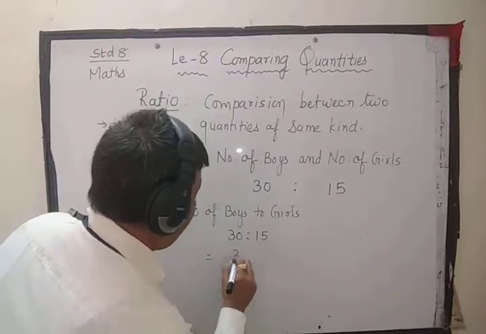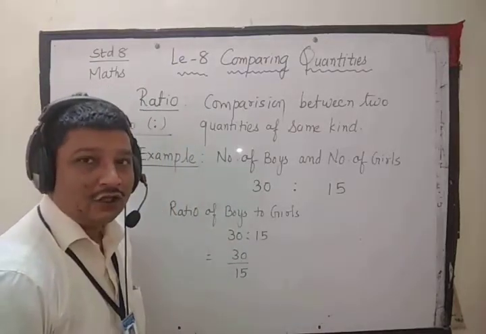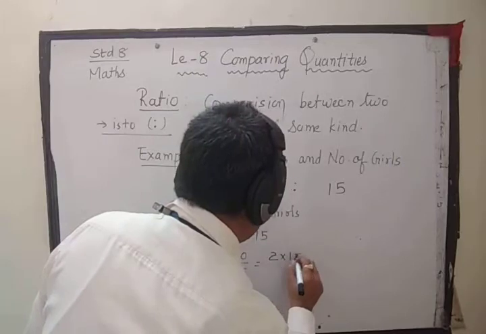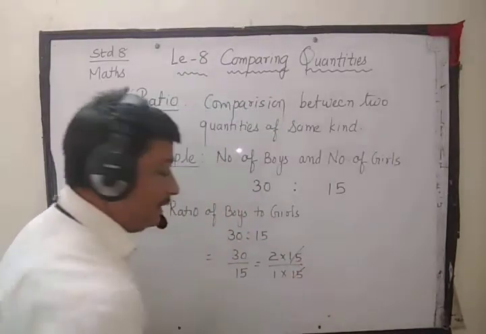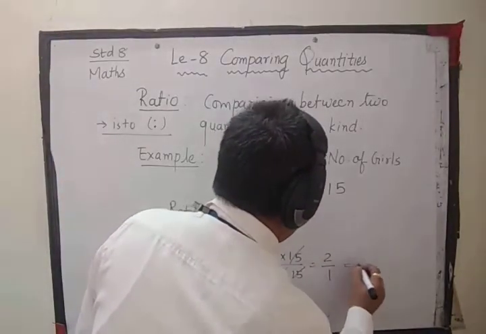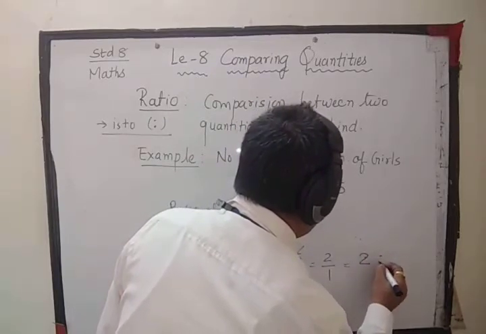This means we can put it in fraction form. So 15 twos are 30 and 15 ones are 15. So we can cancel it out and we will get 2 upon 1, and we will get the ratio as 2 is to 1.